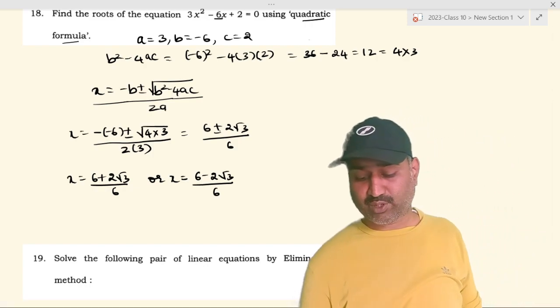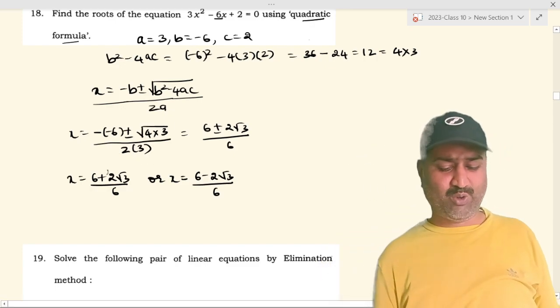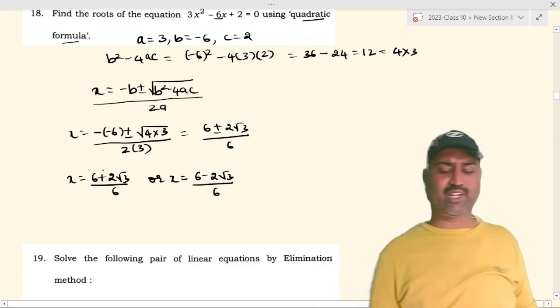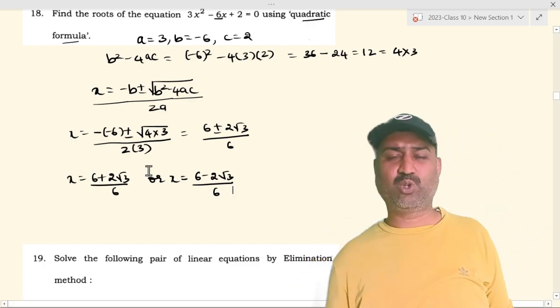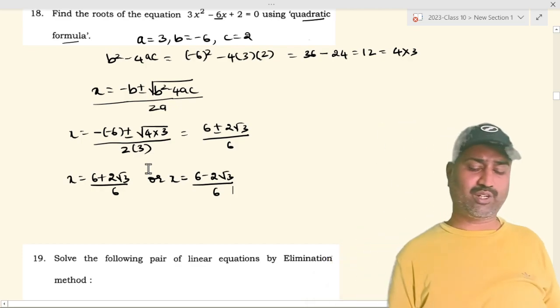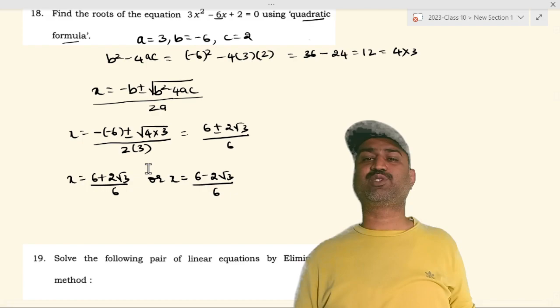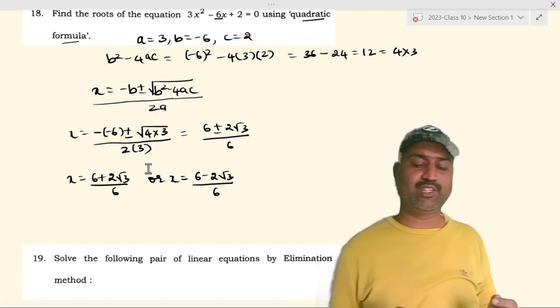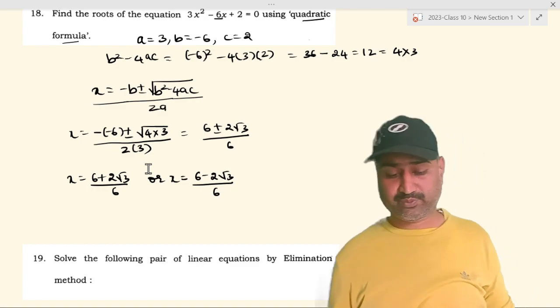A very easy question. You can take 2 out since it is common in this question, but since it is a 2 marks question, ignore it. Don't go into too much detail. Take all these extra steps if you get extra time in the exam. Otherwise, don't unnecessarily solve extra steps which are not necessary, right?